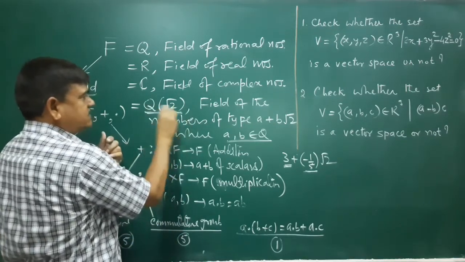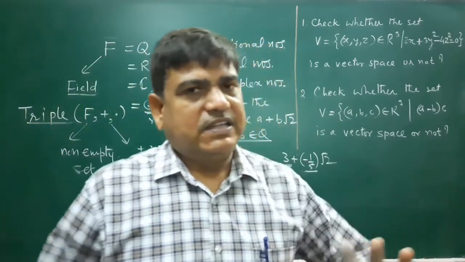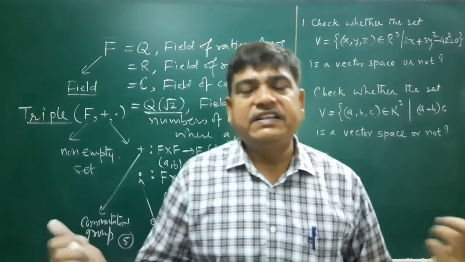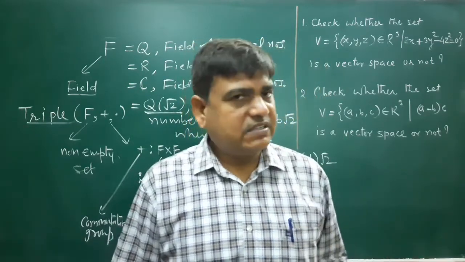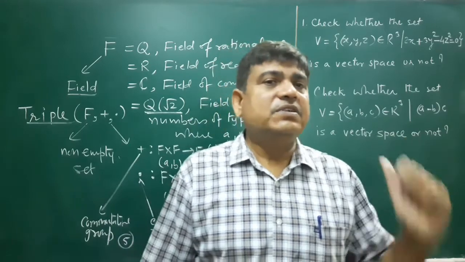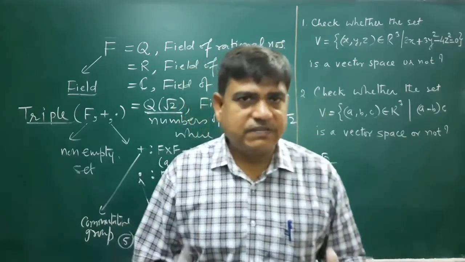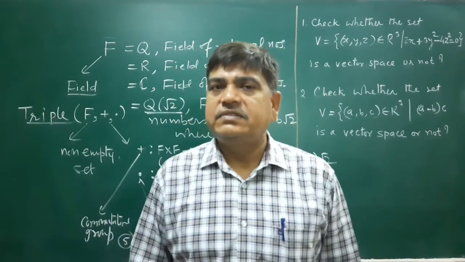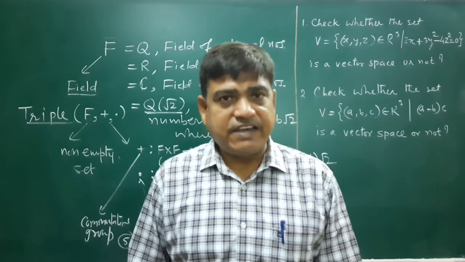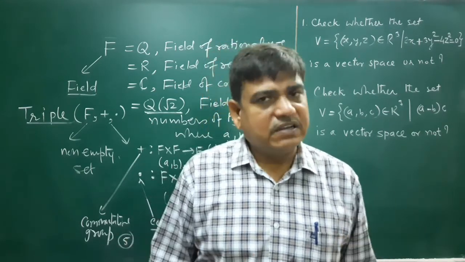It is denoted like this. Okay, so if any specific field is not given, again I am telling you, if any specific field is not given, then you consider the given field is the field of real numbers. So if I say V be a vector space over the field F, means here F is the set of real numbers.